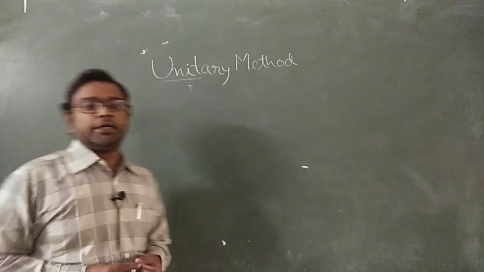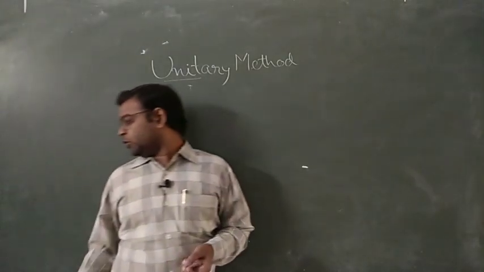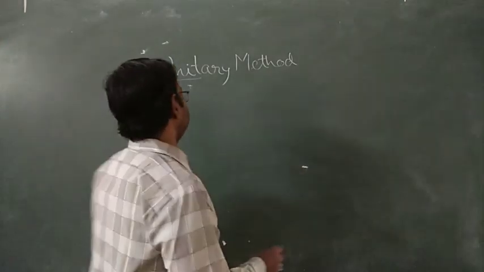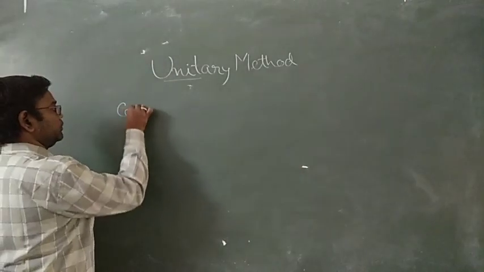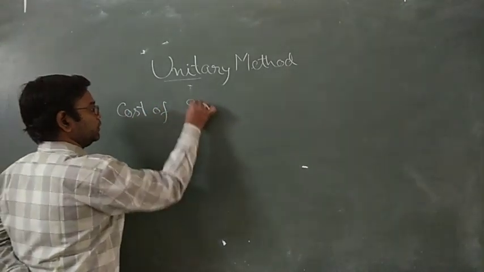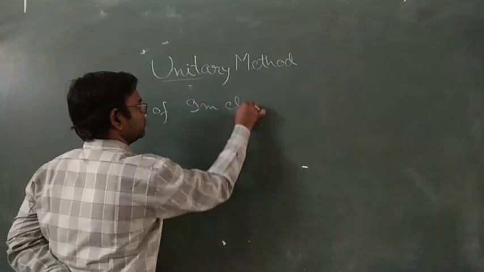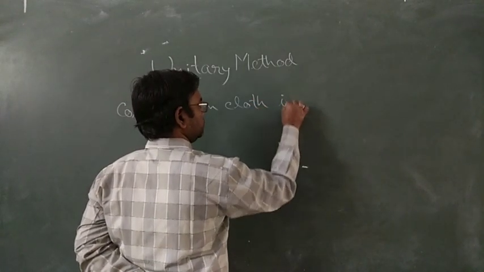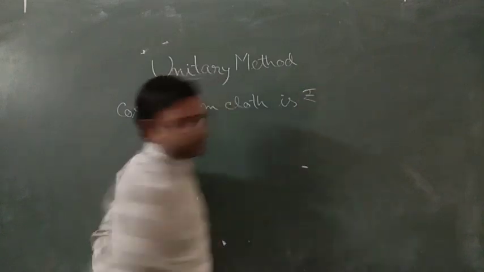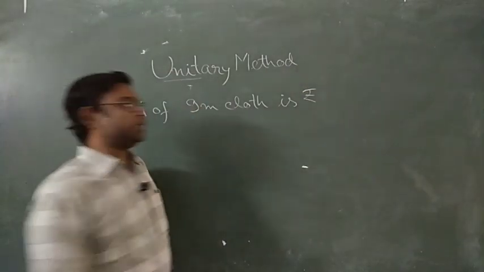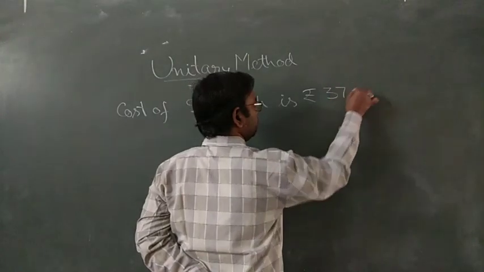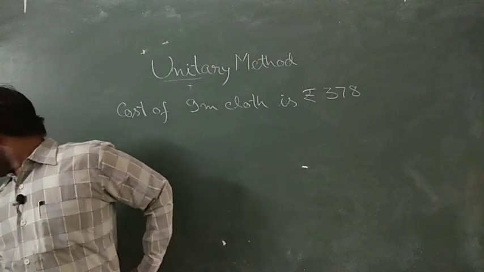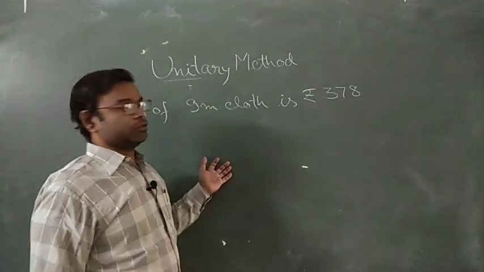In one of the questions, it says that the cost of 9 meter cloth is rupees 378, and the question asks you to find the cost of 4 meters.